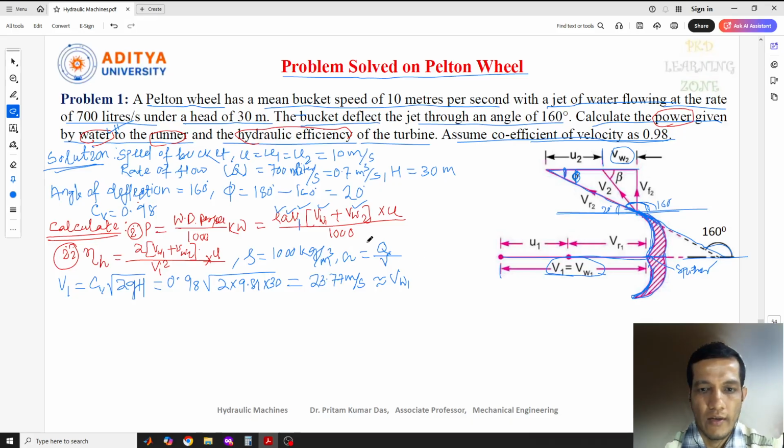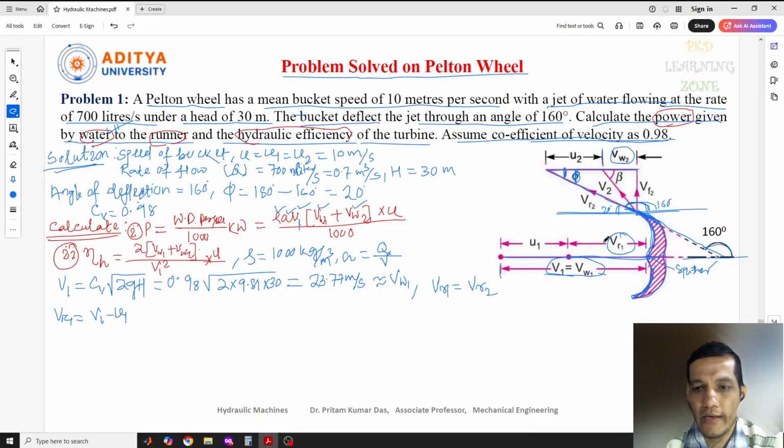Now, some assumptions we need to consider: VR1 equals VR2, and VW1 equals V1. Now I can write VR1 equals V1 minus U1.